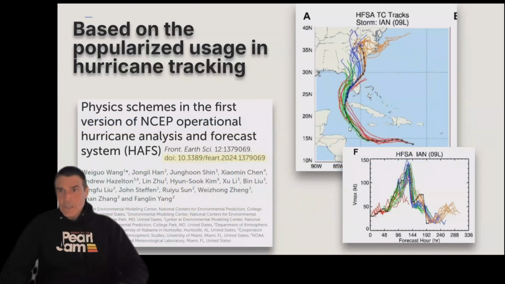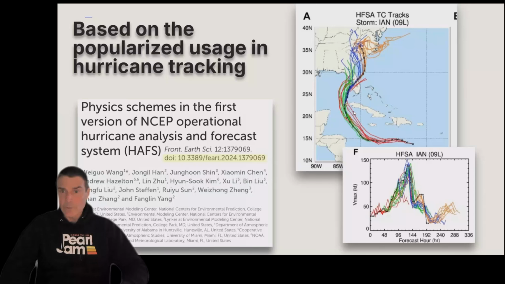To start, it all comes back to this idea that's been used frequently in recent years that's at the center of hurricane forecasting and tracking of hurricanes. This is just one example paper here that I have to illustrate the usage with hurricane forecasting.